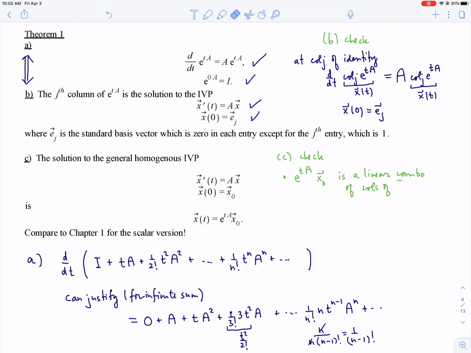And each column solved the homogeneous system, x prime equals A x. So e to the tA x naught is a solution to the first order system.